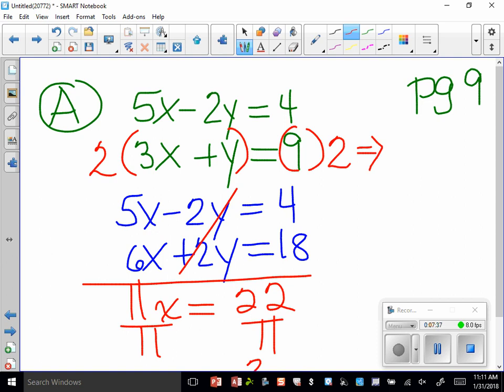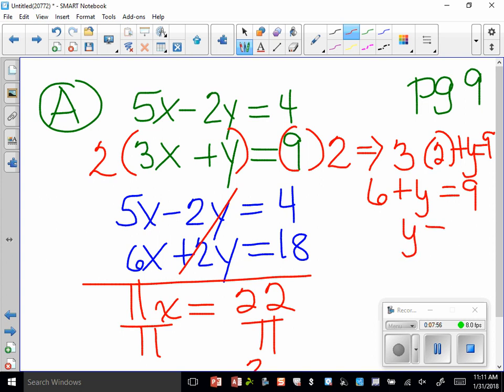So I found x to be what? 2. So I'm going to say 3 times 2 plus y equals 9. So this is going to be 6 plus y equals 9. So what is y? So y equals 3. And then I'll just write my coordinate as (2, 3).